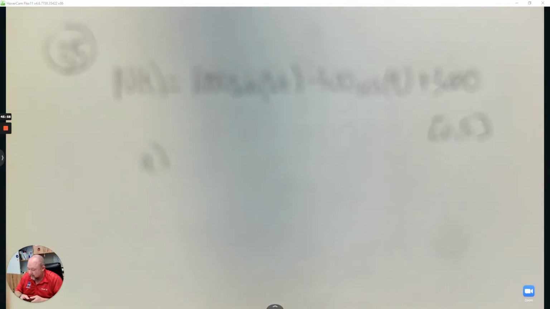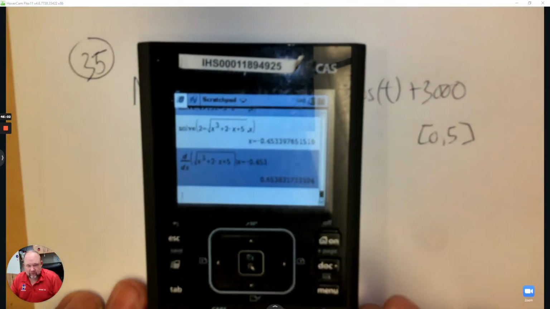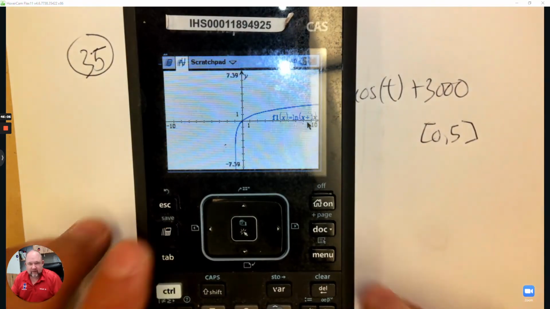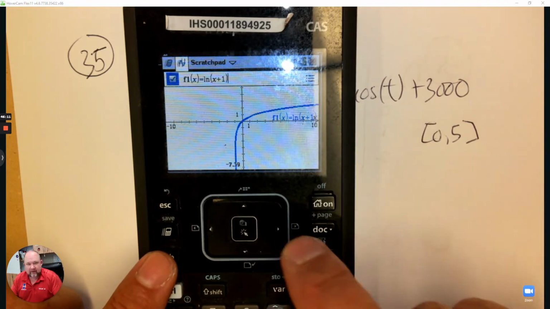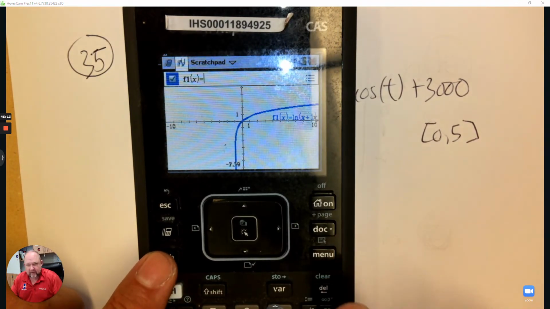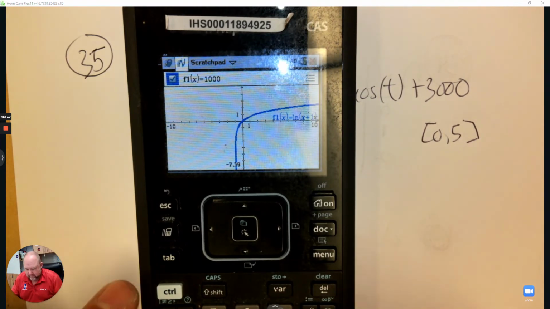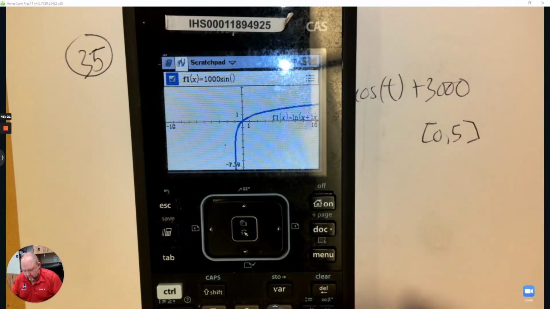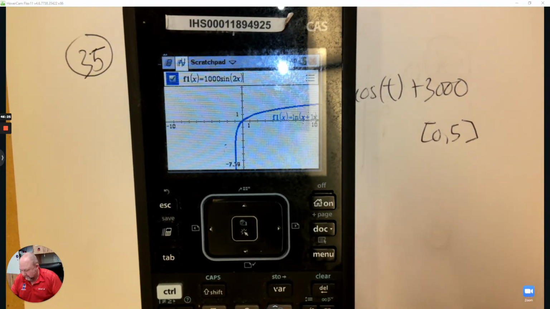Now, what I'm going to do is define it first in my calculator to make it easier. So I'm going to remind you how you do that. I'm going to press the shaky calculator like I'm going to graph. I'm going to press tab, and then I already have something there, so I'm going to erase it. And then I'm just going to type this in, so I don't have to retype it every time. So 1000, press the trig button, and then sine, and then 2x, because this doesn't like t, that's okay.